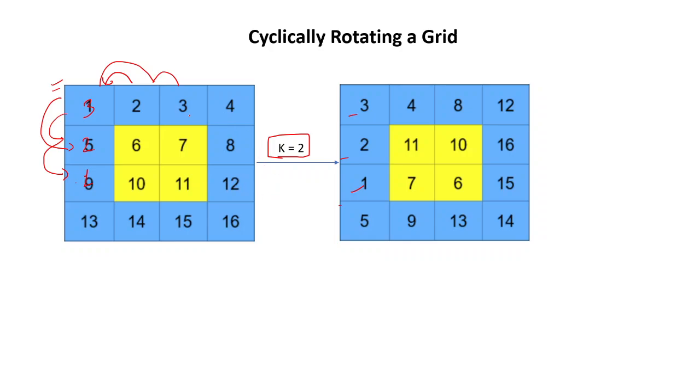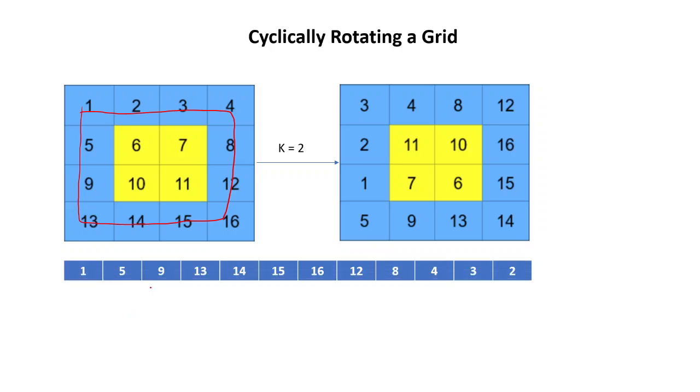Basically, how we can approach this solution is, you can think of this particular layer as an array. If I write this as an array, you can see I started from this 1 and then continued in this direction and wrote all of these numbers in an array: 1, 5, 9, 13, 14, and all of these.